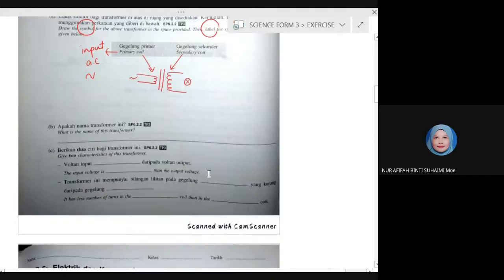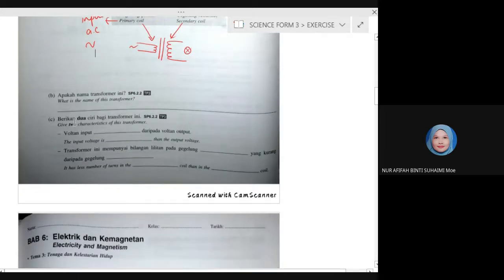Step up transformer. Tengok bilangan gegelung. If the output or secondary coil is higher, then the name is step up. If the secondary coil has less number of turns, it becomes step down.